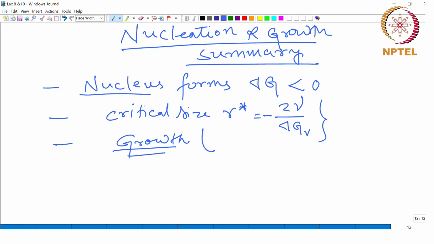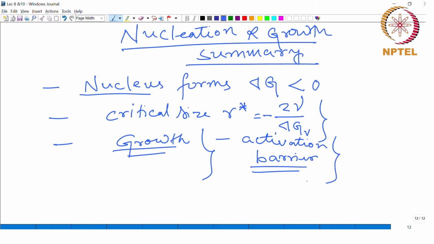And for this growth process to happen, there is an activation barrier which has to be overcome. This is because the atoms have to move from the liquid and get attached to the solid.